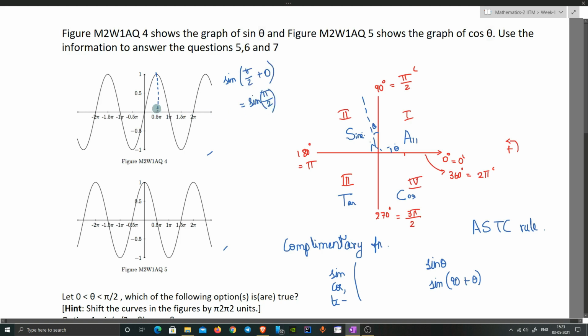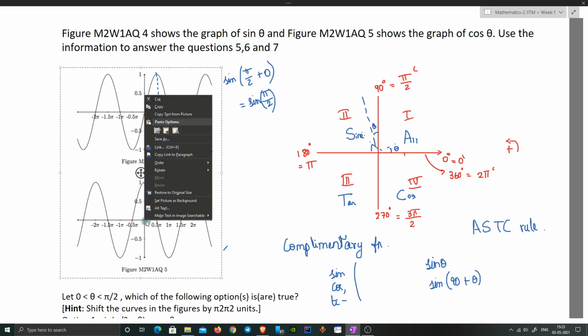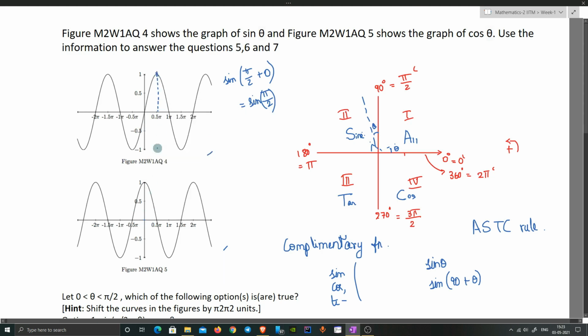So this is nothing but cos 0, right? Sine pi by 2 and cos 0 have the same value. So observe this, these two waves have a phase difference of pi by 2, right? So we can say that sine of pi by 2 is equal to cos 0. This can be written as sine of pi by 2 plus theta is equal to cos theta, right?